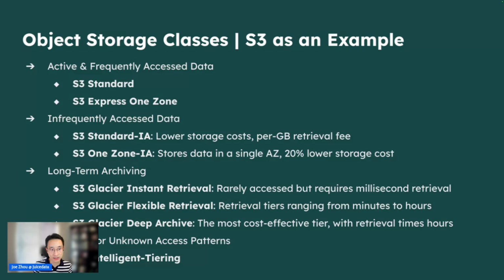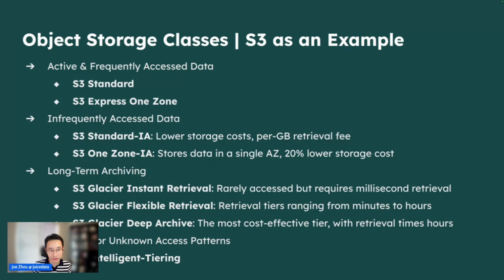Whereas for S3 Express One Zone, the data is stored only in one availability zone. As a trade-off, it's less resilient, but it will give you higher performance and lower latency. So yeah, S3 Express One Zone is the most performant out of these tiers. But normally Standard is also very good. It's the de facto choice.